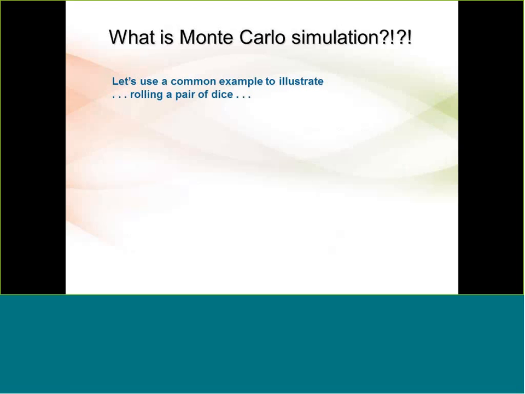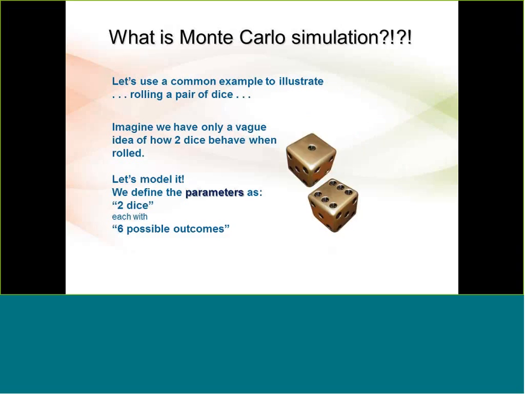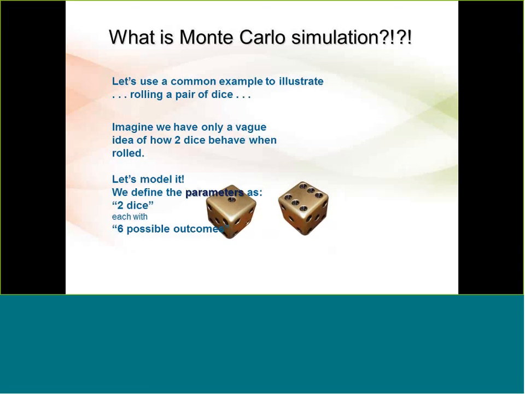So let's use a very simple example, rolling a pair of dice. I'm going to ask you to imagine that you don't know how dice behave when you roll them. And so one of the first things we need to do is define the parameters of rolling dice. In this case, one of the parameters is you have 2 dice. And every time you roll them, you have 6 possible outcomes for each die.